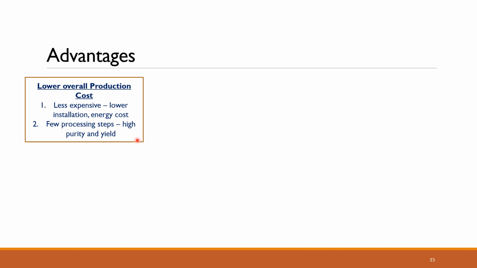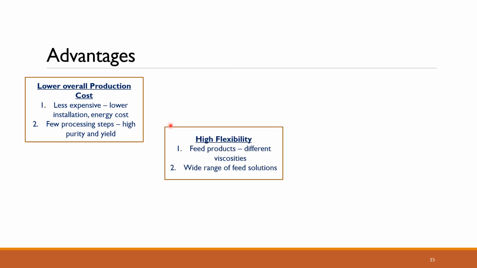You just require a high pressure pump. Then you have very few processing steps. It is just a series of filtration processes at the end of which you achieve high purity and yield. So lower overall production cost is observed in case of membrane filtration processes.